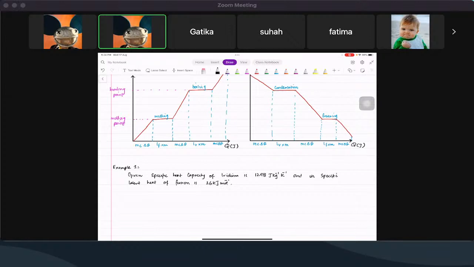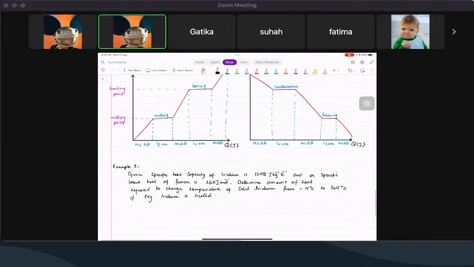Now it says determine the amount of heat required to change the temperature of solid iridium from minus 15 degrees Celsius to 3015 degrees Celsius, if 5 kg iridium is heated. Okay, so this is given.